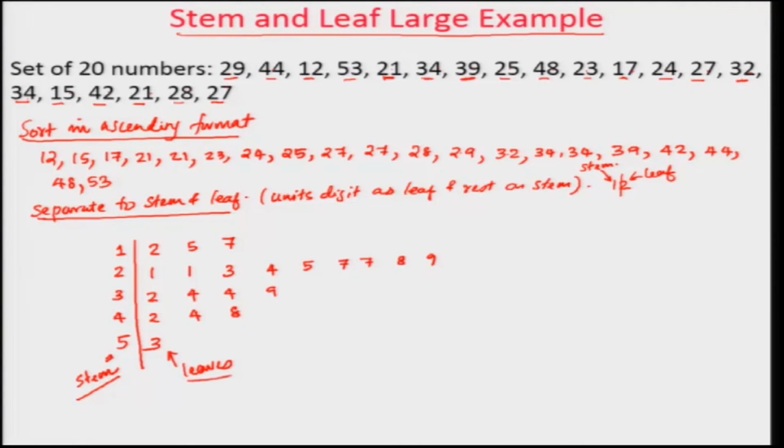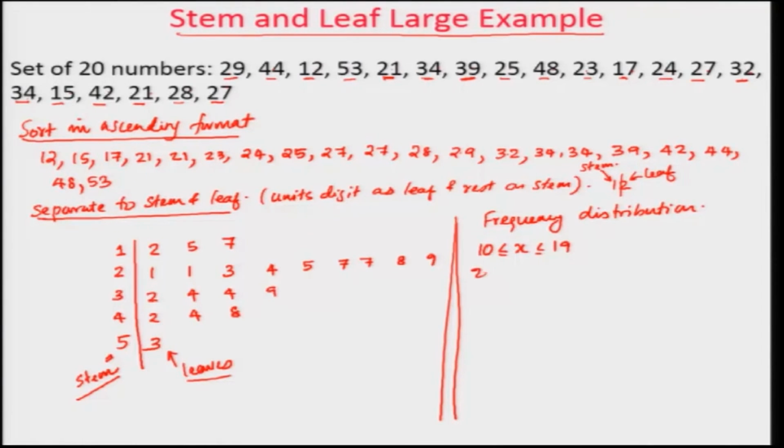Okay. Now, if you compare it with a frequency distribution, I can make a frequency distribution saying 10 less than or equal to x less than or equal to 19, 20 less than or equal to x less than or equal to 29, 30 less than or equal to x less than or equal to 39, 40 less than or equal to x less than or equal to 49, 50 less than or equal to x less than or equal to 59.